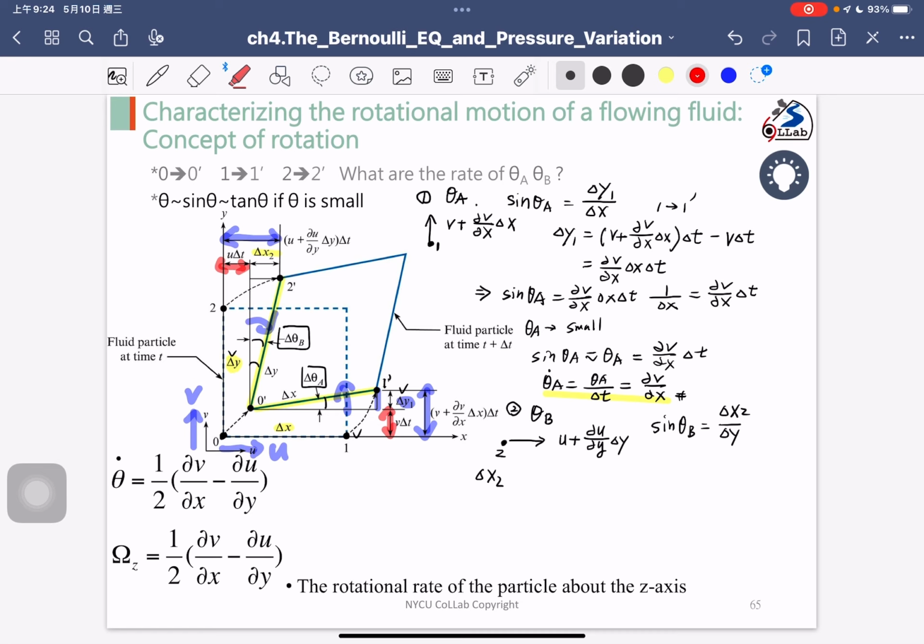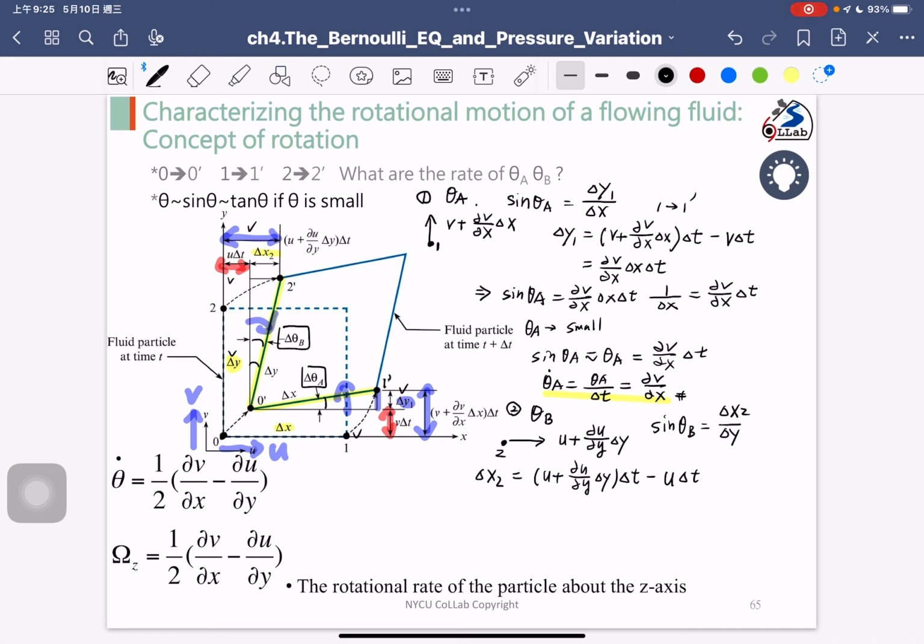So we know delta x2 is equal to the velocity u plus du dy delta y, multiplied by the time change. This is the travel distance for point 2, minus u delta t. I just pick the distance here minus the distance here, and that equals delta x2.